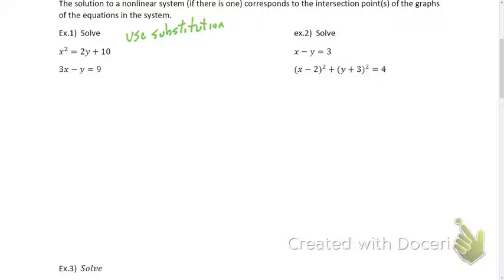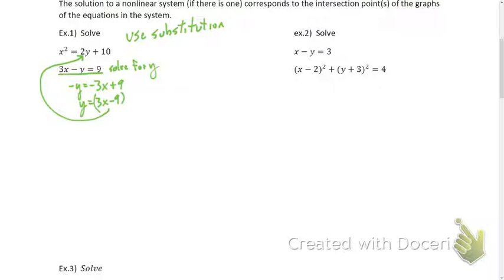I would pick the easier equation right here and solve for one variable. So if we solve this one for y, we get 3x minus 9. We're going to substitute this value right there.